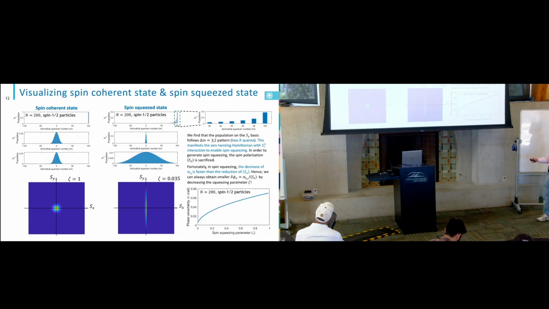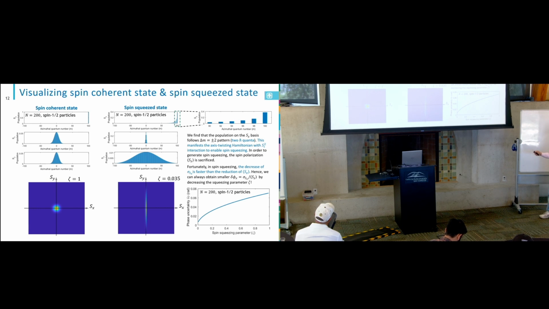It's pretty close to a Gaussian, although after all, we have a discrete spin state here. It's not really a continuous spatial distribution like a simple harmonic oscillator. And this is what we usually call the spin coherent state. When we generate the squeezed state, one quadrature gets much narrower and the other one gets much broader.